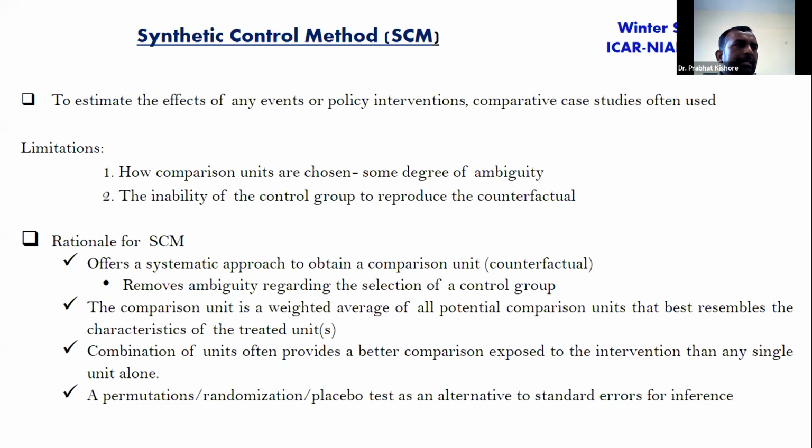But here I can say that for constructing the counterfactual, we have observations for each state, and we include factors which are responsible for groundwater depletion in our model. Then we see how Punjab's characteristics resemble those of other states.